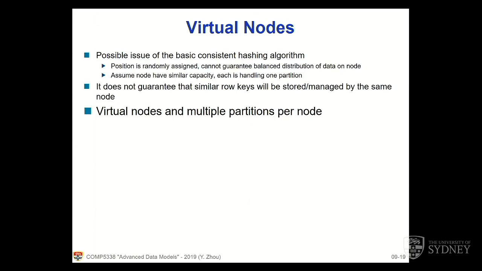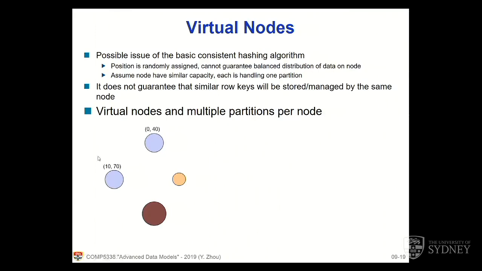A virtual node basically means multiple positions or partitions per node, or multiple tokens. So each node may have multiple tokens, and the number of tokens can be determined by the actual capacity of the node. For instance, we might have something like this. This is a relatively not very powerful node, and this could be a medium-sized node.